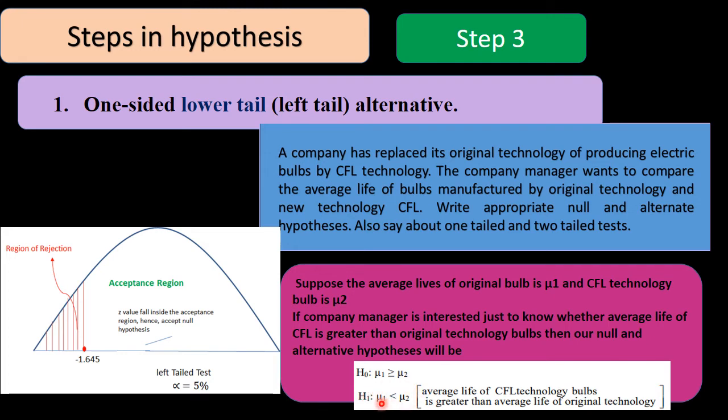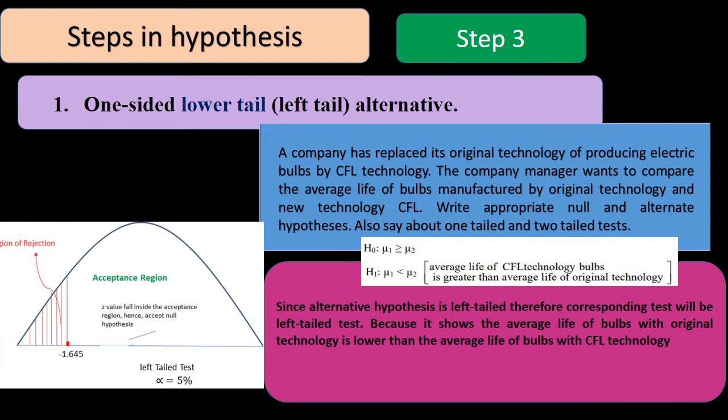If we set the alternative hypothesis that the population mean is less than the sample mean, we have to set the null hypothesis that the average life of bulbs with the original technology is higher than or equal to the average life of bulbs with the new technology. That is the setting of the alternative and null hypotheses with the one-sided lower tail alternative.